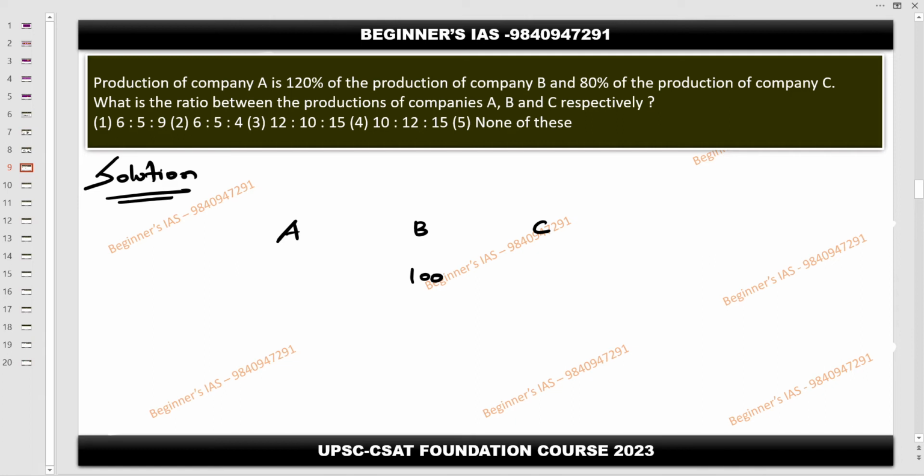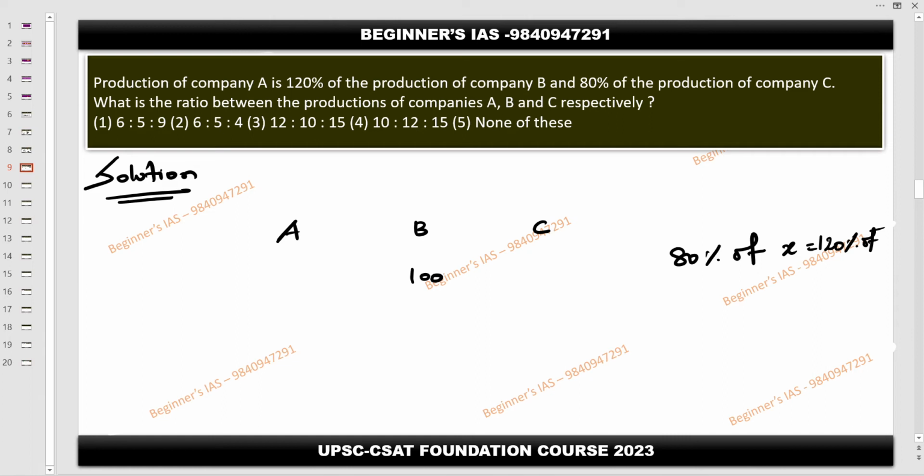Production of company C. So 80% of X is equal to 120. You are taking C as X. Okay, 80% of X, which is equal to 120% of company B.